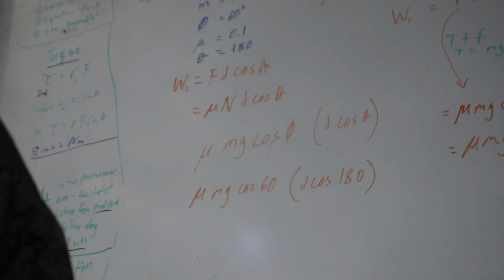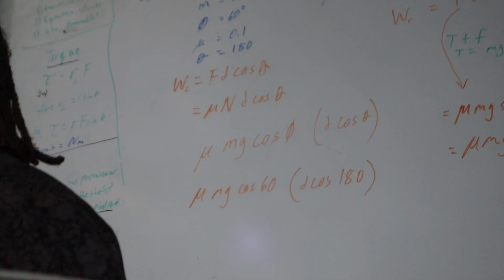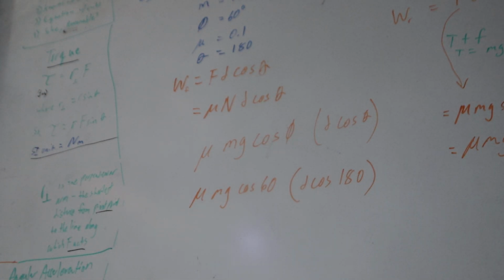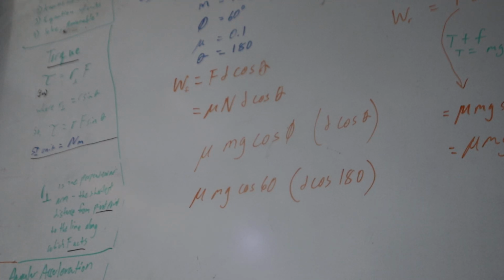All right, see the work done by gravity. It's pretty much the same thing. And then, so yeah, we pretty much got through everything there. Because it's the same approach.